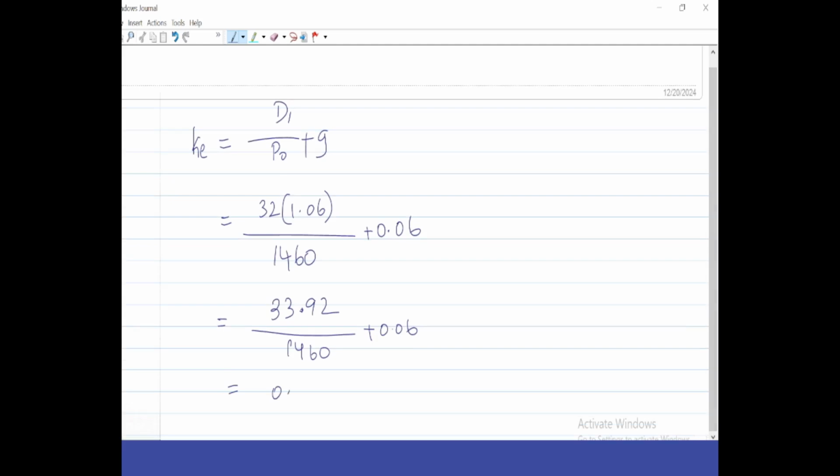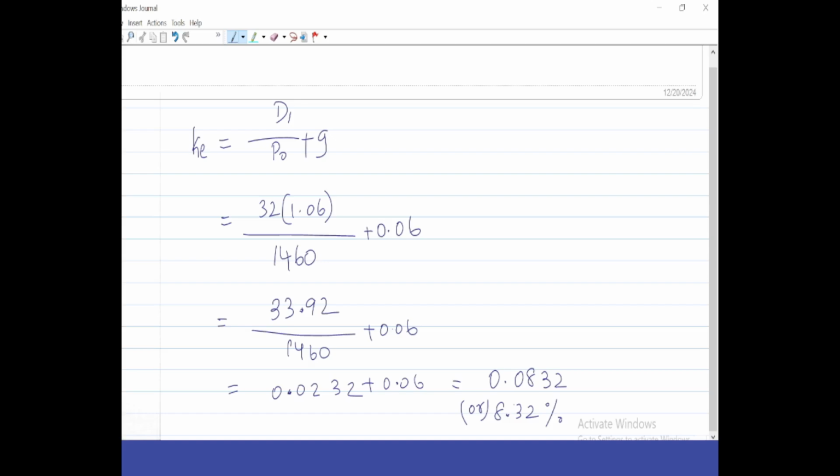We get 0.0232. And then plus 0.06. How much do we get? 0.0832, and that into 100 is 8.32%. That is your revised cost of equity.